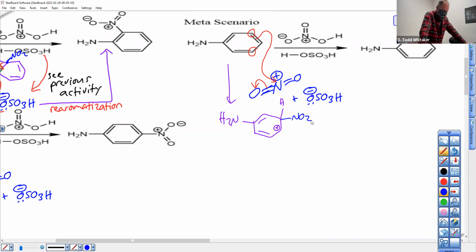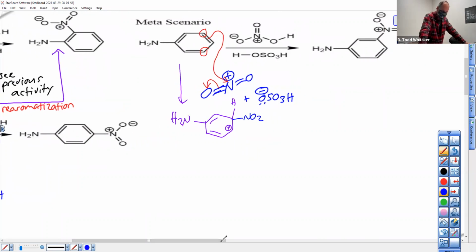And what happened to that to finish it off? Same story. It's always the same story. The rearomatization grabs the H from the original carbon that got a new group. And it's back to having just three things attached and rearomatization.